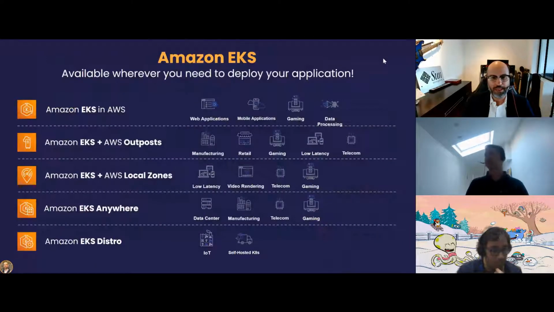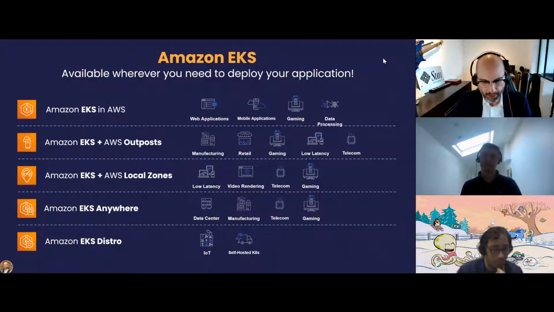Again, I don't want to go too deep into it, but just for you to know that it exists. EKS is, as I told you, the managed Kubernetes service on AWS. However, at AWS, we really listen to our customers. As you know, more than 95% of our roadmap is actually from customer demands.